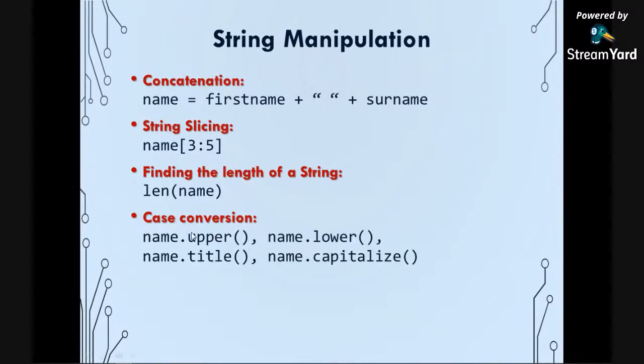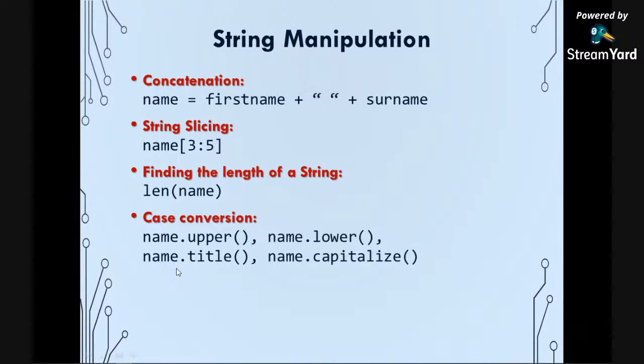Another thing you can do is case conversion. So name.upper will convert the name all into uppercase. So it'd be JOHN SMITH rather than John Smith. name.lower would be converting it all into lowercase, so you wouldn't have any uppercase characters or capital letters. name.title would make every new word in a phrase or string have a capital letter at the beginning, but not the rest of it.